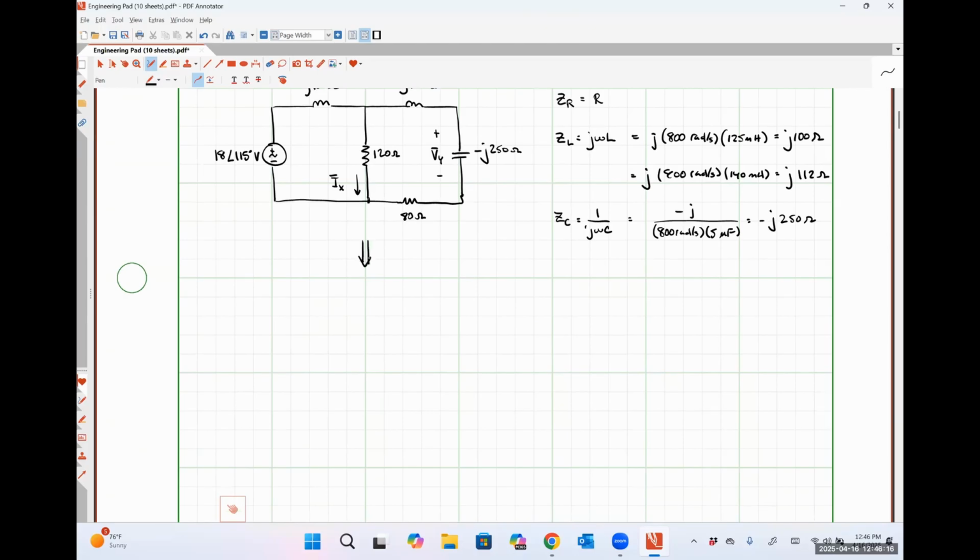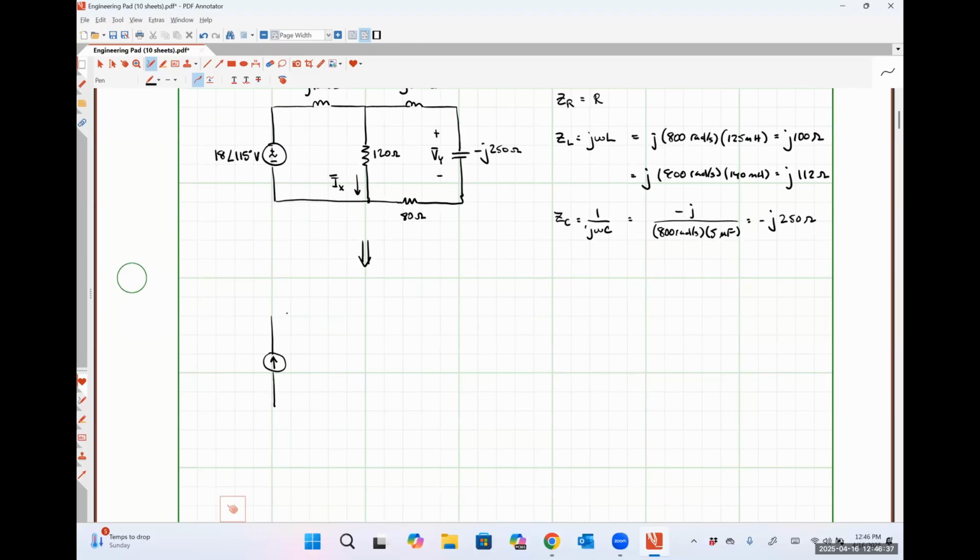So taking this one step further, using a source transformation, we are going to now have a current source. So if the positive polarity terminal of our voltage source was on top, the head of the arrow for our current source should be pointed up. Okay.